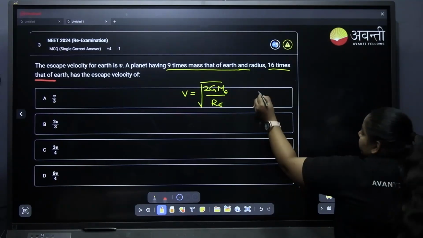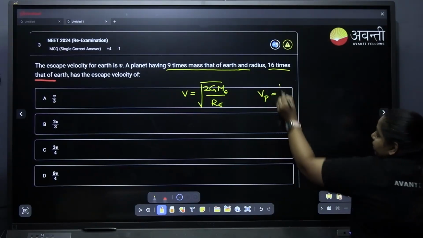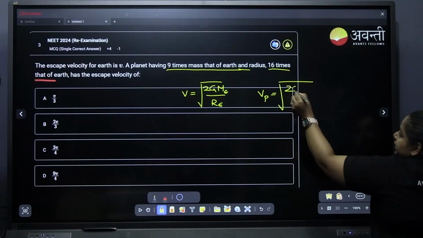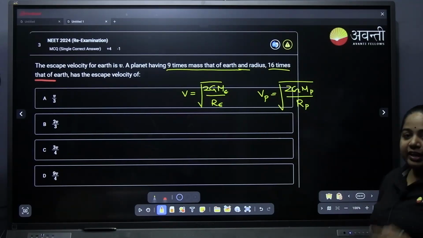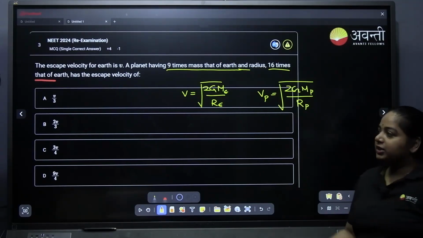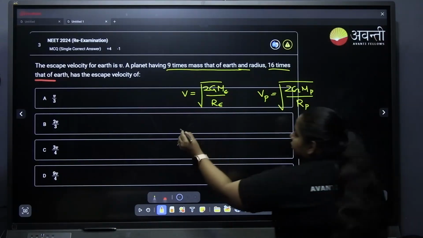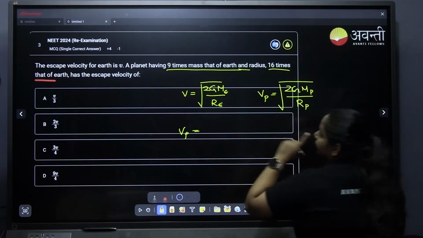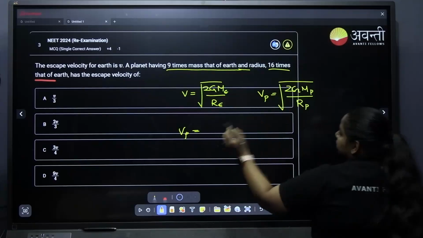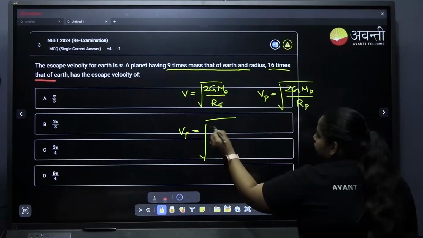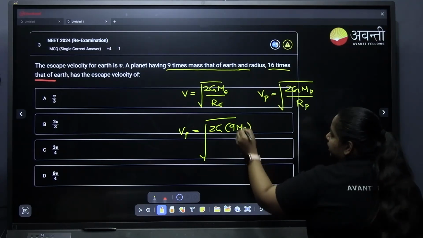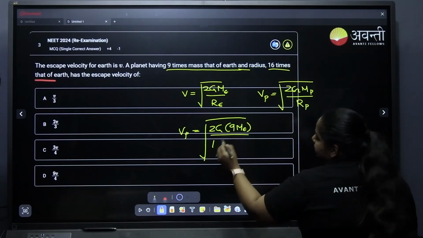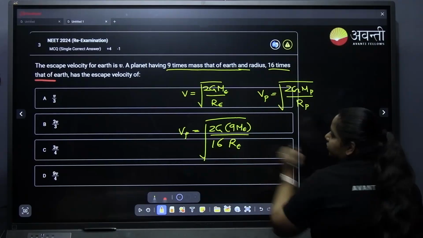Now if you want to find it at any planet, it will be root 2 G mass of that planet divided by radius of that planet. We can compare that mass and radius with Earth. Then we can substitute Vp is equal to root 2G, 9 times mass of Earth divided by 16 times radius of Earth.